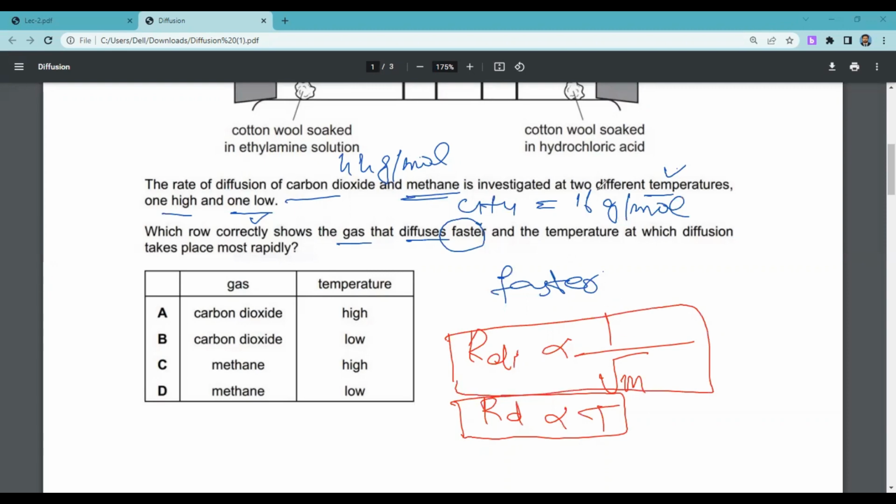Which one has low molecular mass? Methane. It means that these both options are incorrect. Then in two options we have methane. The first one is that at higher temperature the rate of diffusion will be high. So this option will be the right one. I hope that this is clear now.